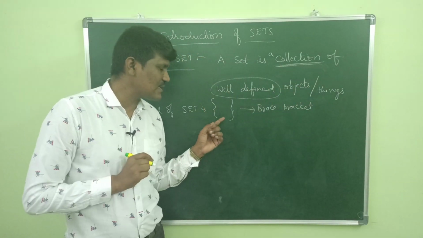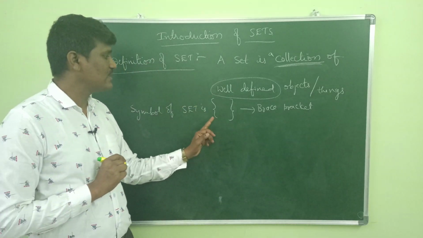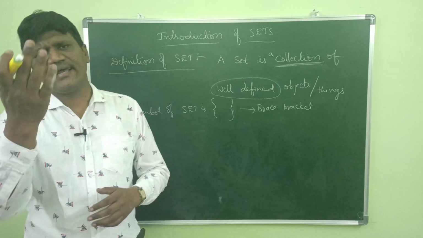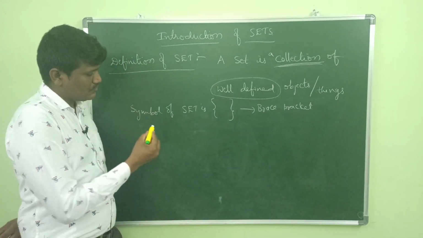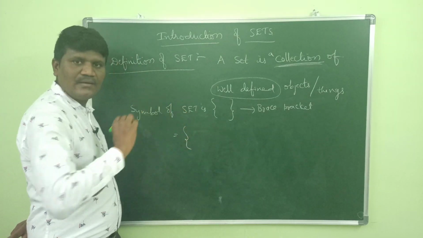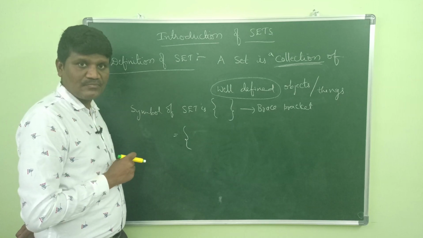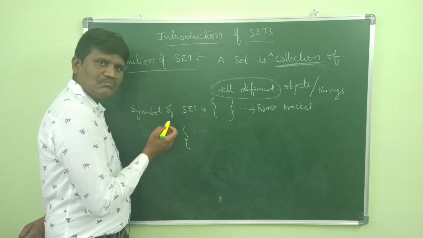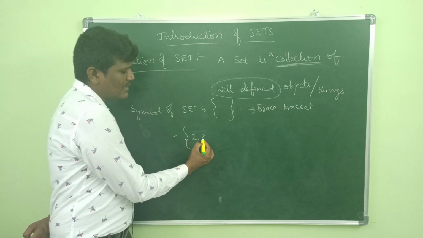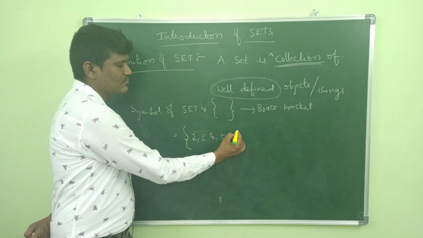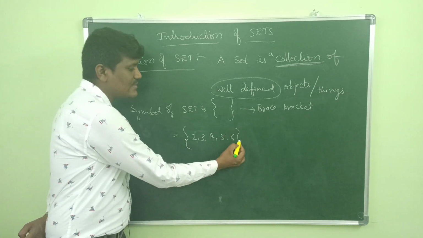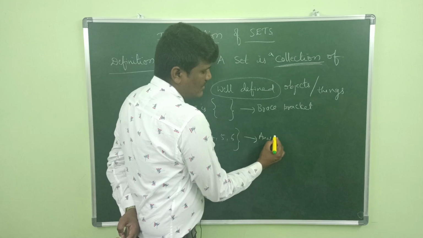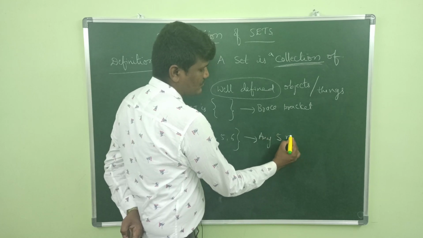So we will represent the elements of a set in an open brace and a closed brace. Suppose I write any elements like this, say any 5 numbers. Then what type of numbers can I write? Any numbers: 2, 3, 4, 5, 6. So is it well defined? What I said is any 5 numbers.